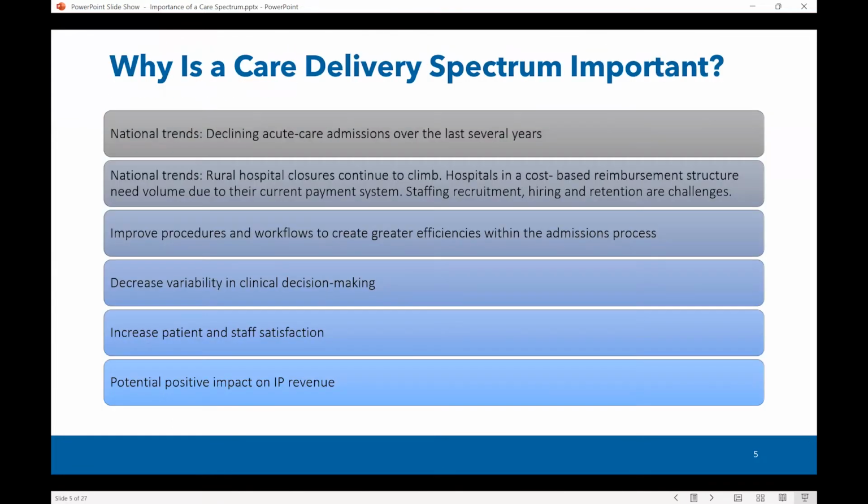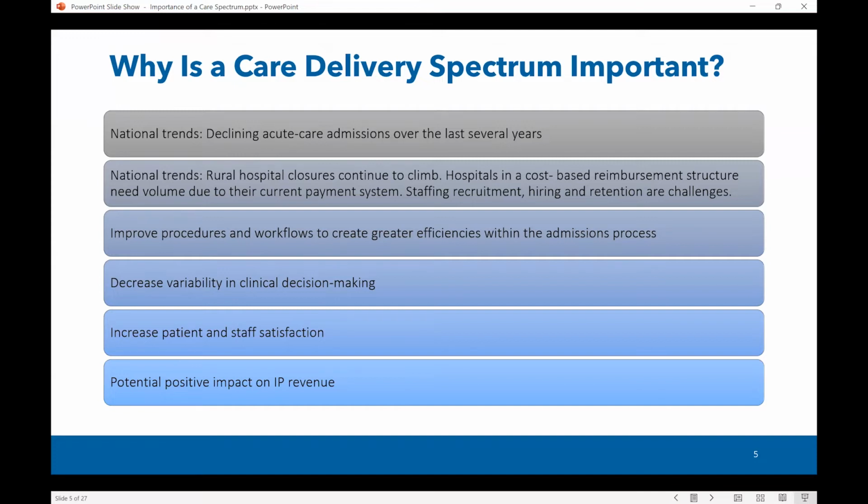Why is this important? We've seen a decline in our acute care admissions over the last several years. There have been trends of rural hospital closures, and that's really important. We want to keep patients in our communities and in our hospitals instead of sending them to other places for care.